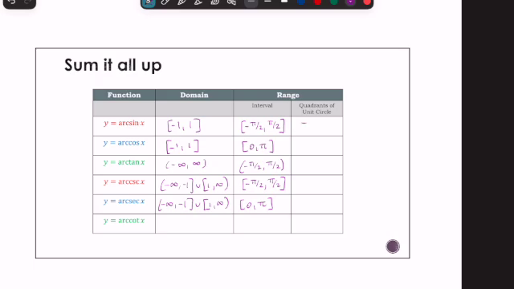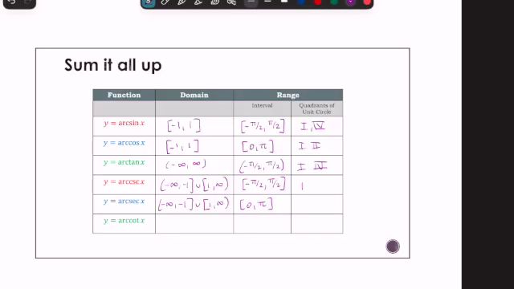And so we're looking at quadrants 1 and 4 for arc cosecant, quadrants 1 and 2 for arcsecant. Just remember here, in quadrant 4, we're not looking at 5 pi over 3, we're looking at negative pi over 3. Arctangent is 1 and 4.